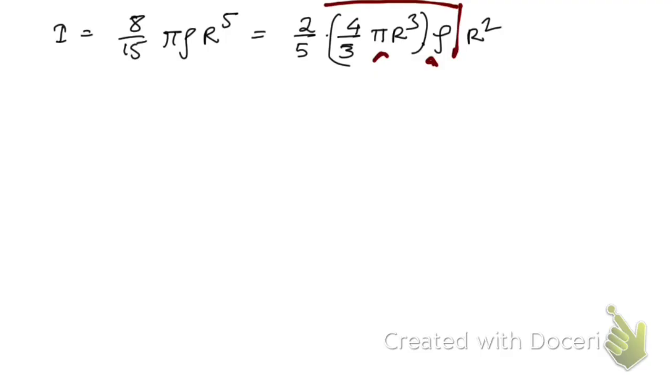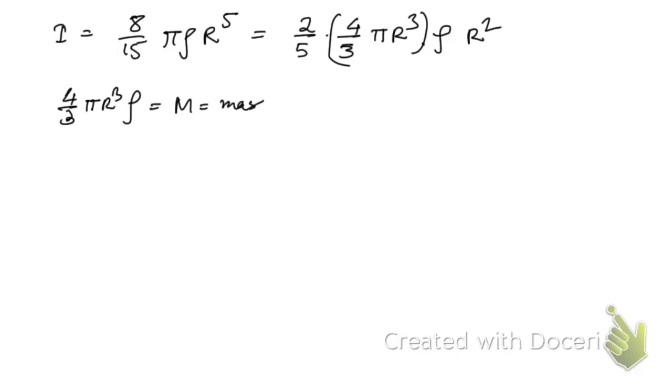Okay, so now what we can do here, we can write that 4 by 3 pi r cube into rho is the capital M, which is the mass of the sphere.